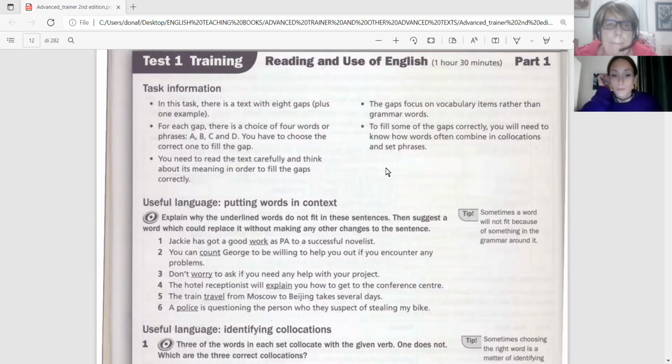Perfetto. Esatto. Gli spazi si concentrano su cosa dovremmo mettere in questi spazi.